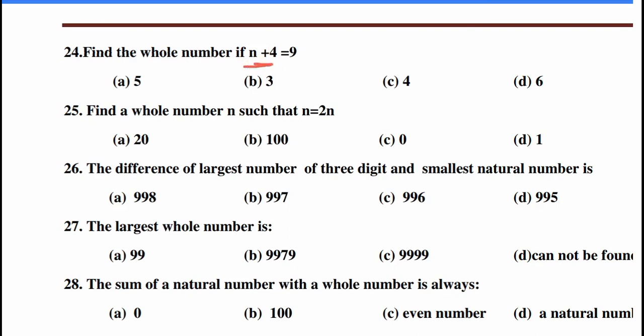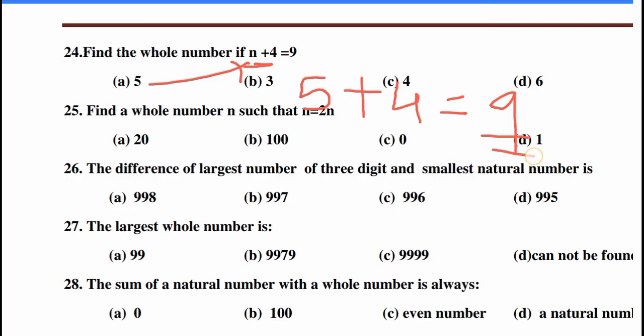So here first we substitute value of n is equal to 5. So it is 5 plus 4 is equal to 9. So we get the answer 9. So this value is true. And there is no need to check these all options because we get the answer n is equal to 5.